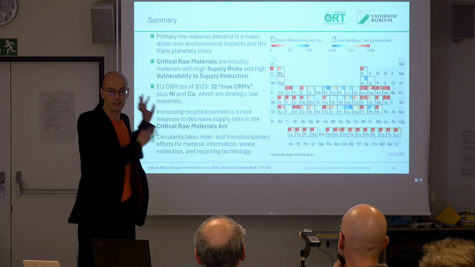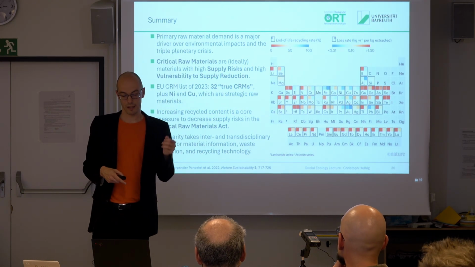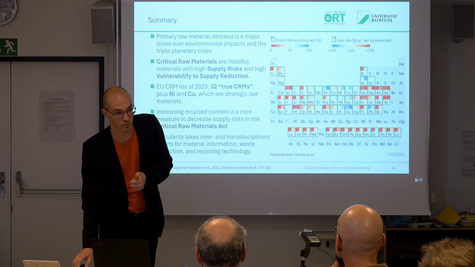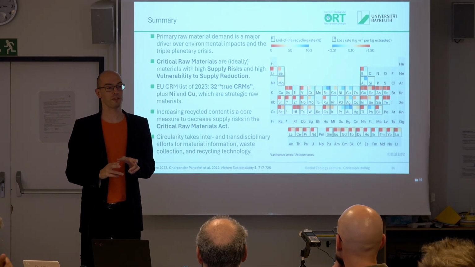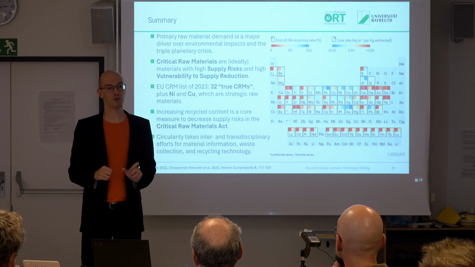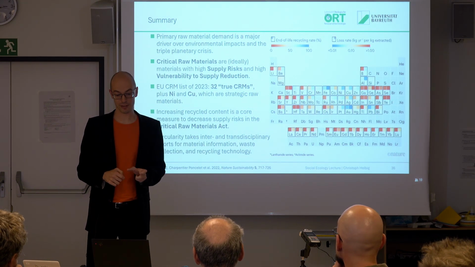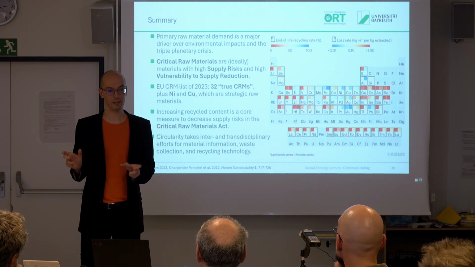So, as a summary slide, and I will just keep this open, we have huge environmental impacts from metals. Critical raw materials should be defined as those which have high supply risk and high vulnerability, both together.